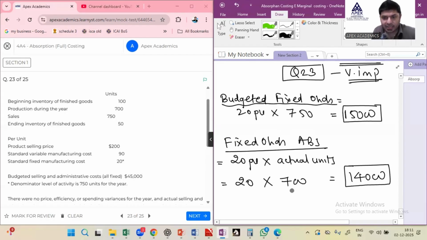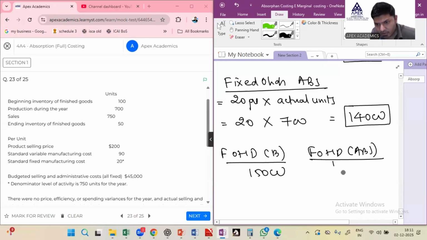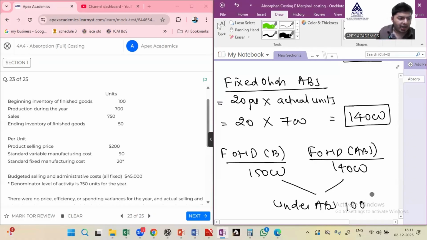My fixed overheads budgeted is 15,000 and my fixed overheads absorbed is 14,000. This clearly shows that there is an under absorption of 1,000.